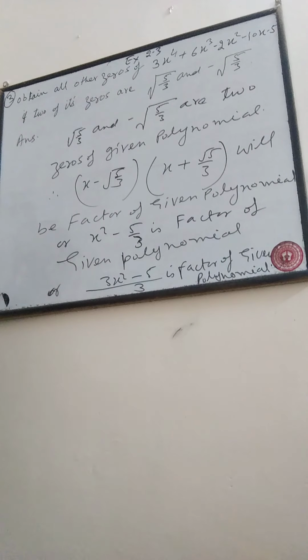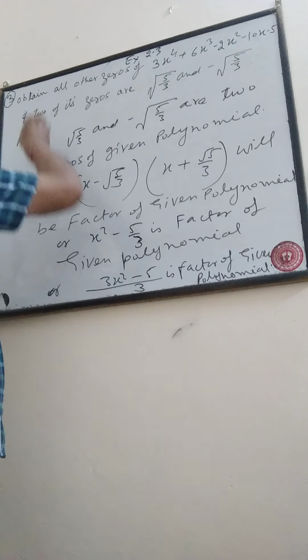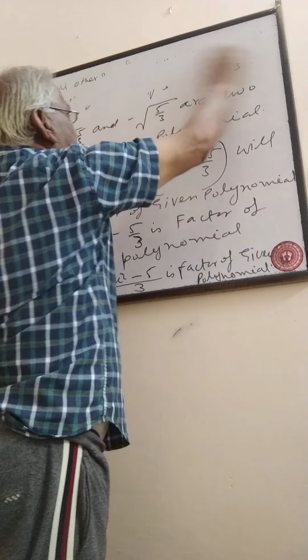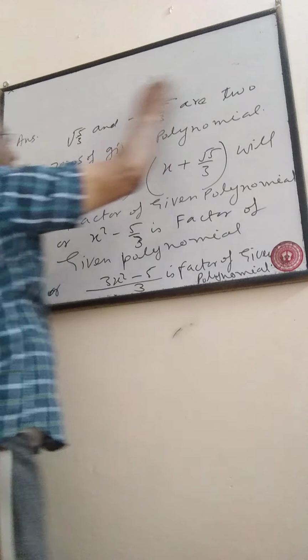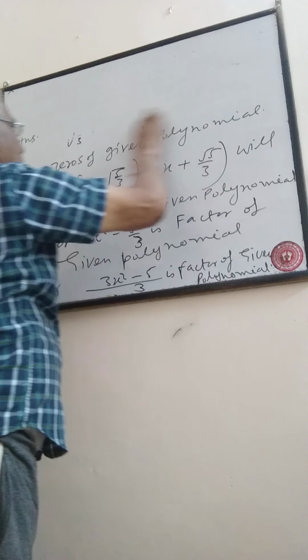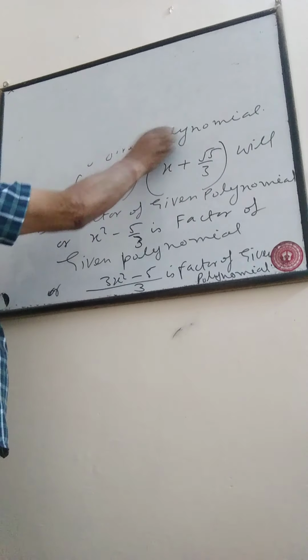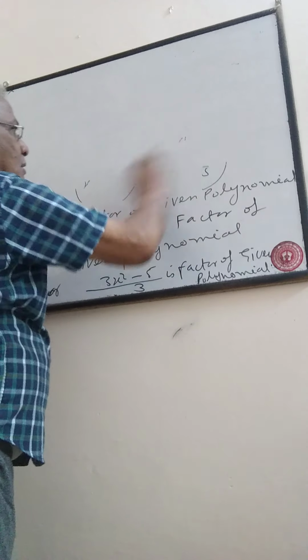You can take 1 upon 3 outside the bracket and leave it, because a constant taken common from the whole polynomial does not affect its zeros.